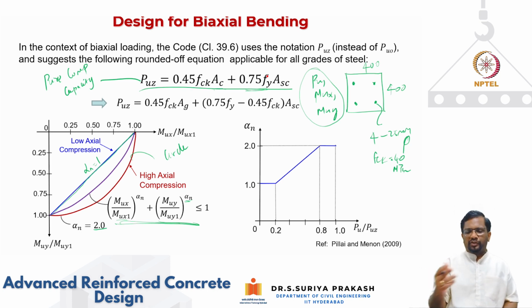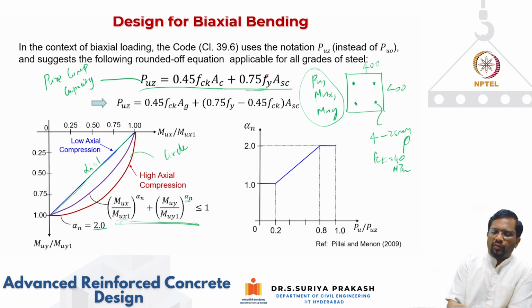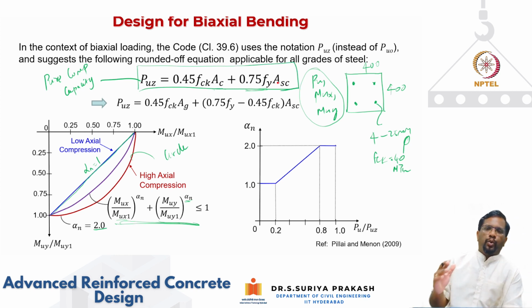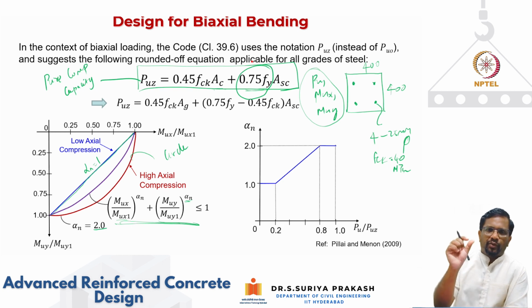But the code wants to simplify it, and it gives us one value of 0.75 fy, which is reasonably okay. And again, pure compression capacity we want to estimate in a conservative way. That is why this value is kept as 0.75 fy, which is very close to what you get in your design stress strain curve. And you multiply by the area of steel to get your steel contribution.